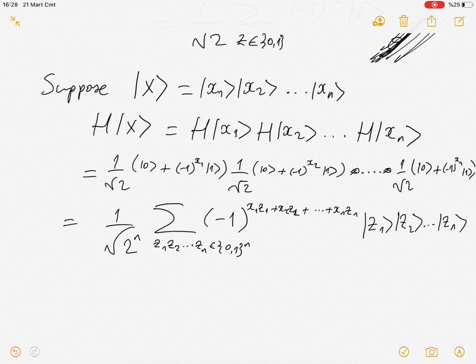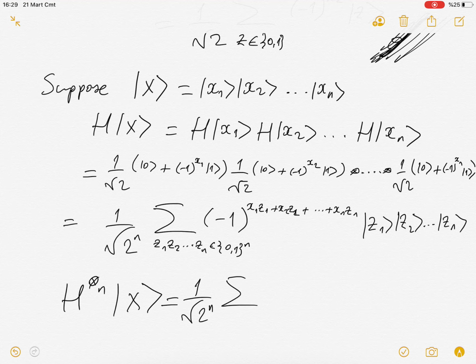Writing all together, H tensor n, an n-qubit Hadamard transform applied on an n-qubit register on an arbitrary state x, can be written as 1 over square root 2 to the power n, summation over boldface z, where z is an n-bit string, minus 1 to the power boldface x times boldface z, ket boldface z.